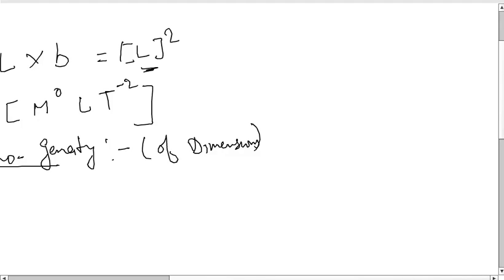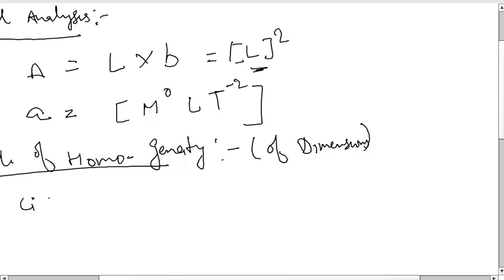As I told you in the last class, an equation may be a combination of two or more terms. For example, let us take our equation of motion: v = u + at, which we have already studied in ninth class.